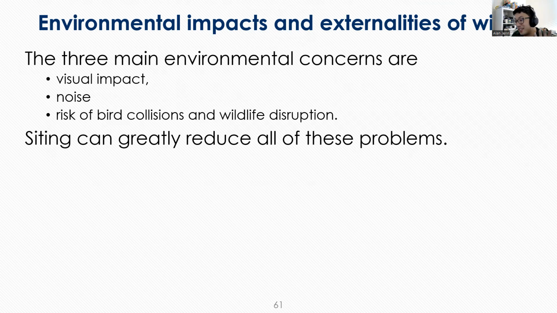And actually, there are some positive externalities too. So the closest large scale wind farm to Davis is actually in the Suisun City area. And so you can go and look at those. They're actually co-located on farms.